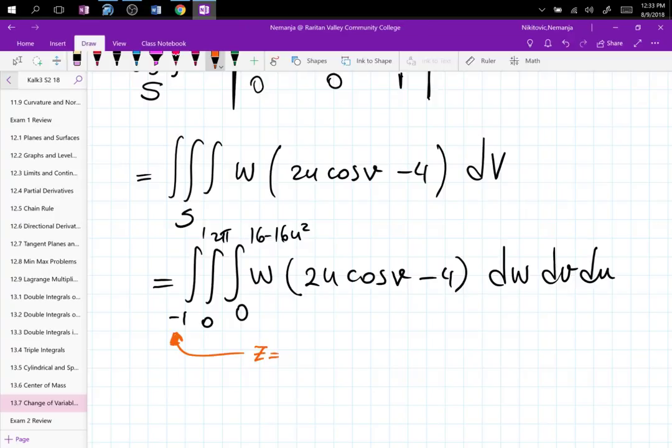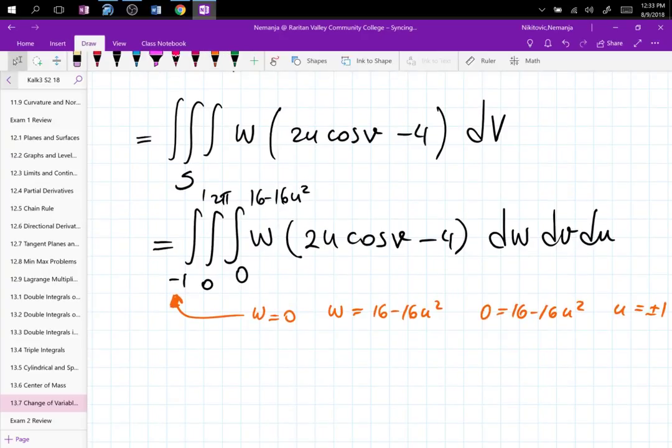So w equals 0, and w equals 16 minus 16u squared. 0 equals 16 minus 16u squared. u equals plus minus 1. There we go. Equal to, boom. Integrating this should not be an issue.